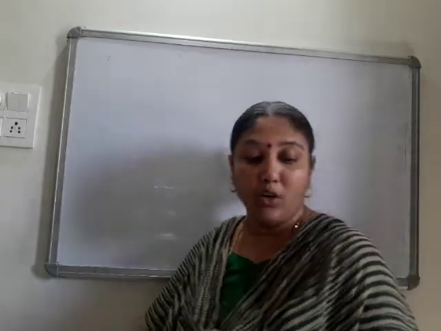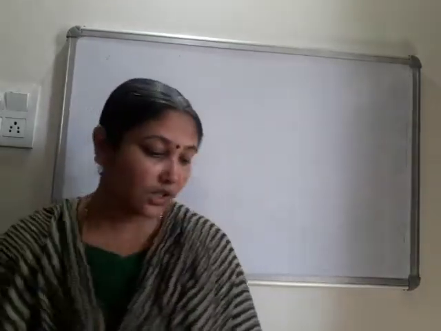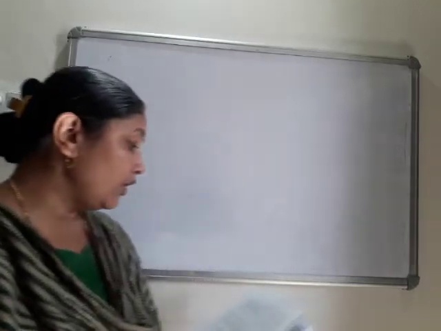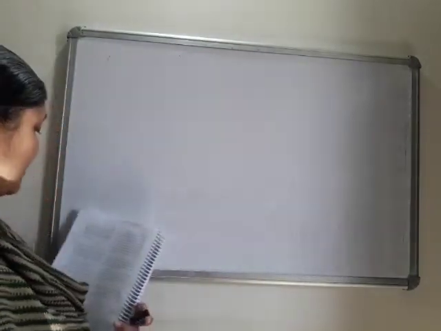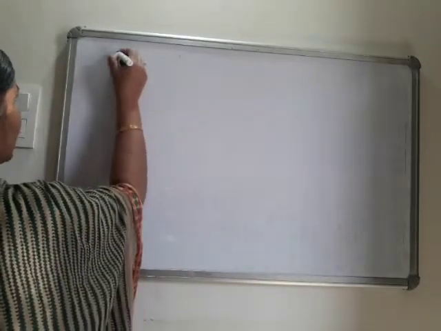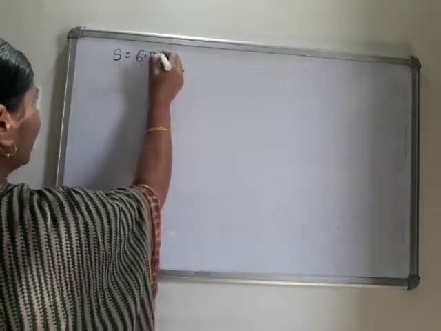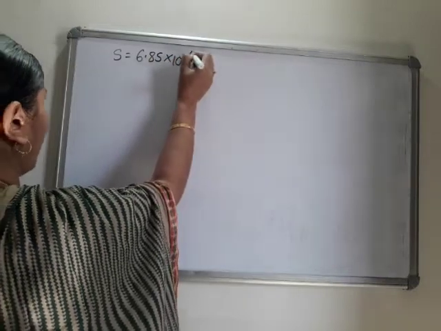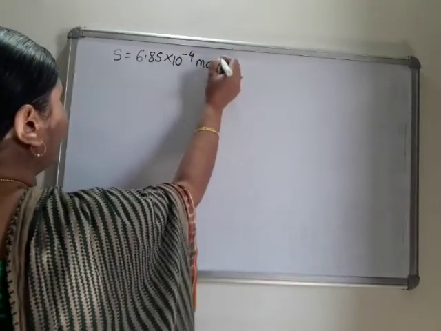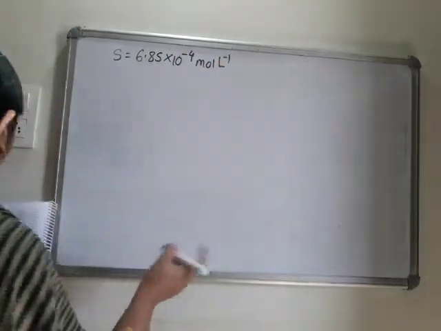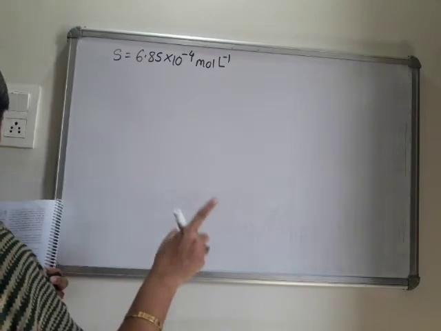See, the depth of the question is now increasing. Solubility of N2 gas, meaning S, solubility, is given. How much? 6.85 into 10 raised to minus 4 mole per liter. Calculate Henry's law constant.